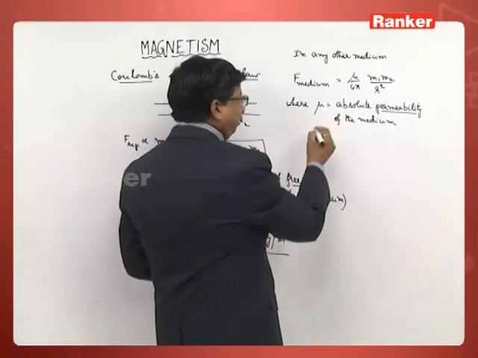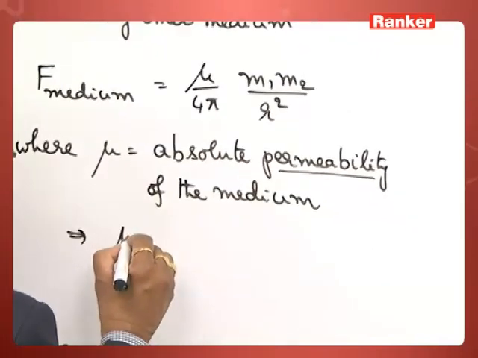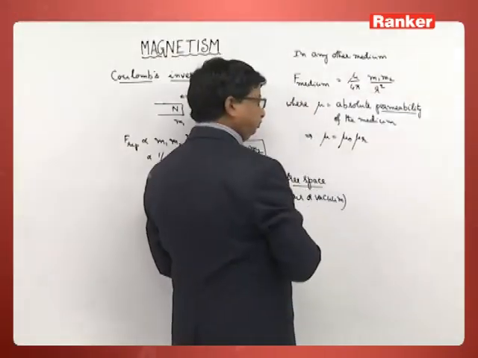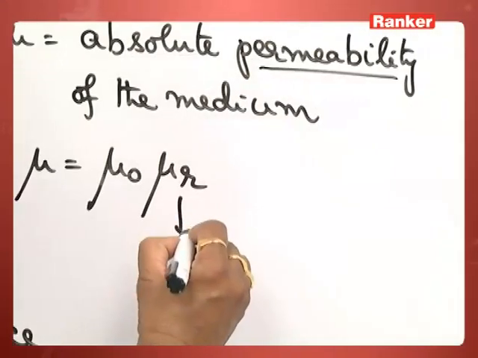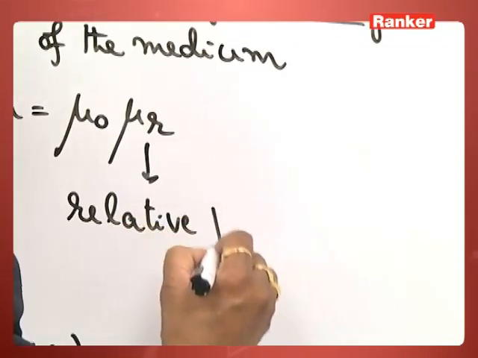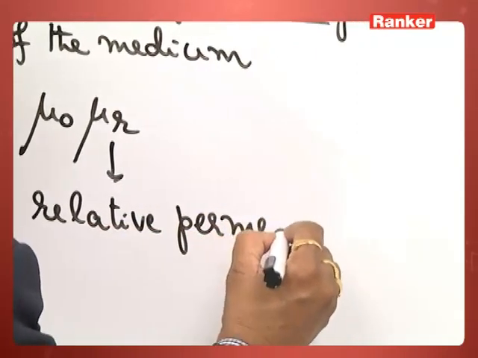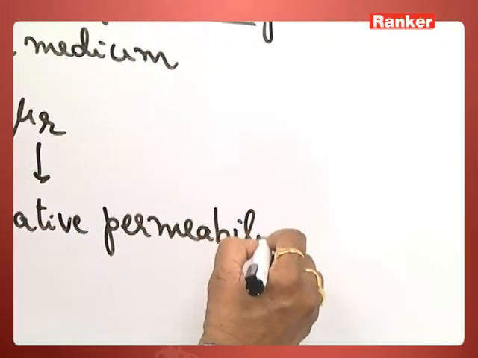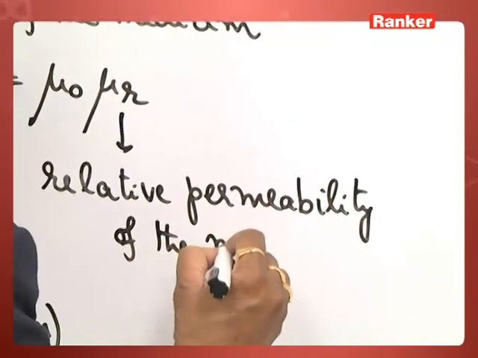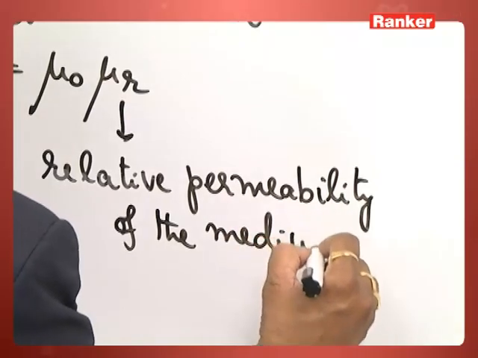So how to write this value here? Mu can be written as mu naught into mu r. Of course, we can understand mu r is the relative permeability of the medium, whichever medium we are considering.